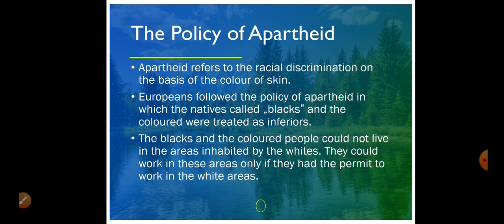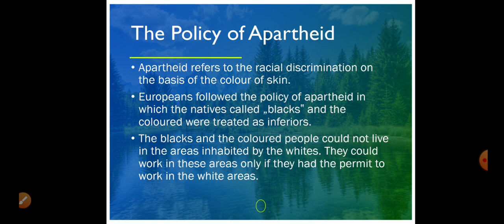Actually, when the Europeans made their colonies in different countries, they considered themselves more superior than the other people. That's why they followed this racial discriminatory policy first in South Africa.